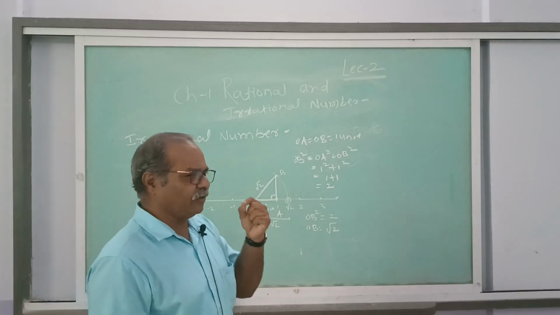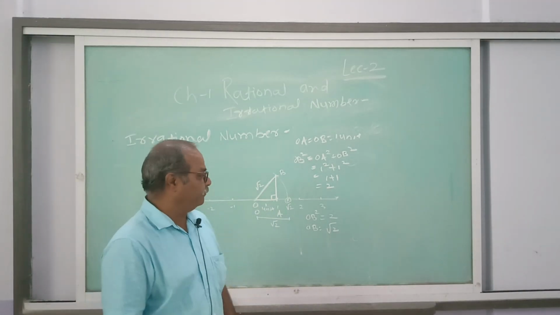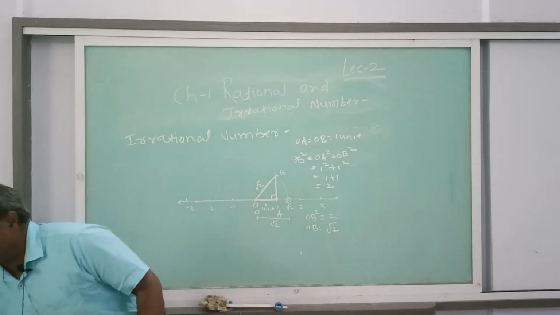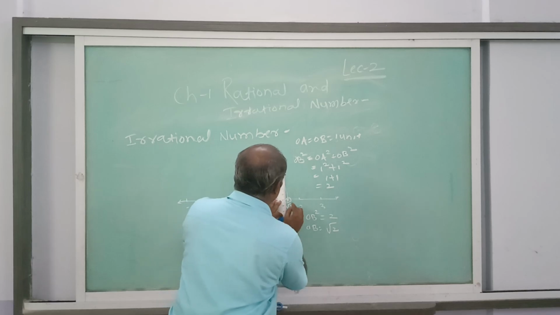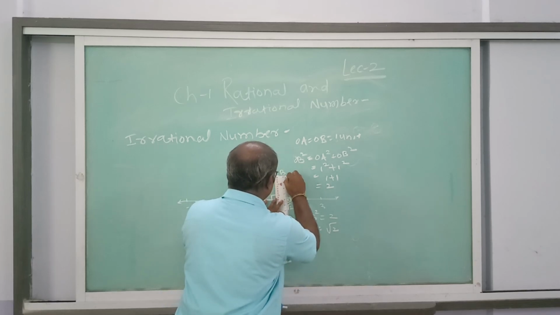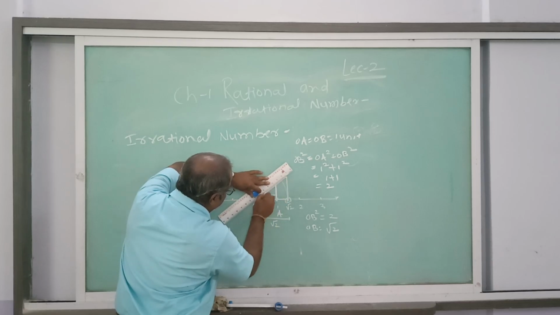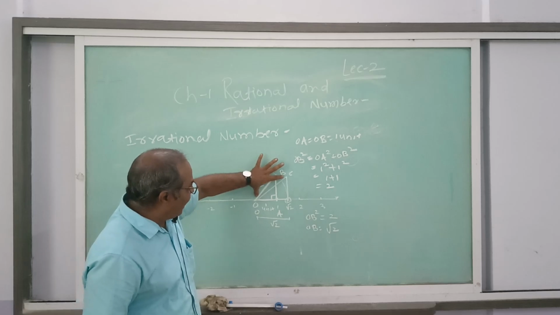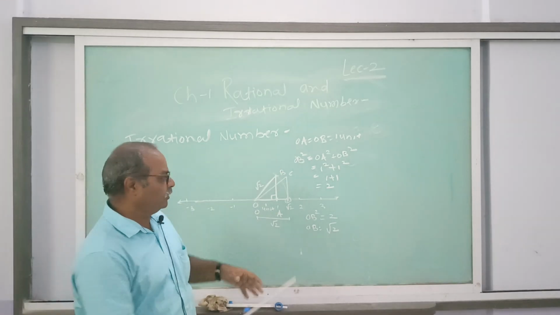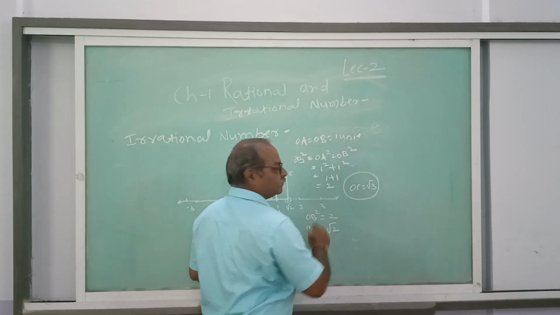So I explain here. If I want to find root 3, take this, which is your distance root 2. I take the same unit length here and join it with O. Then OC is equal to root 3.